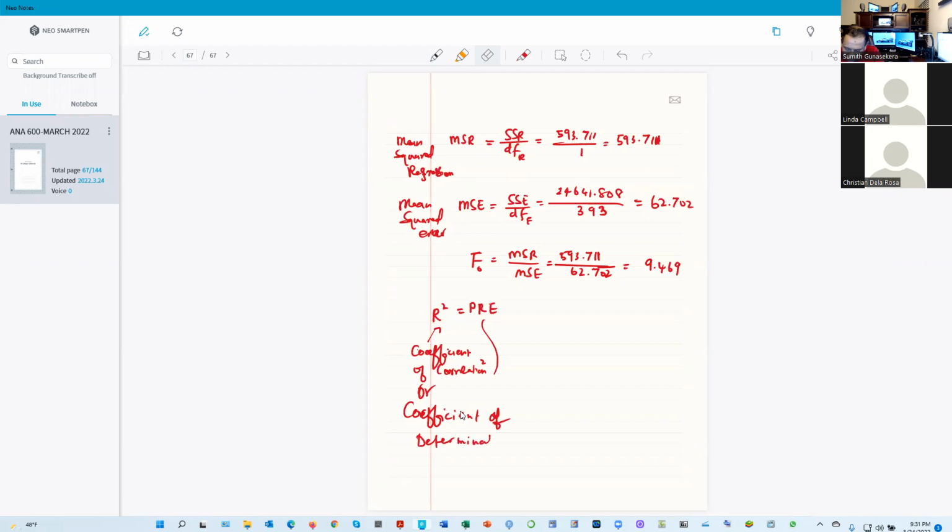How do you determine whether this is going to be the best model or not? This is the proportional reduction in error: how much error is being reduced by our model.